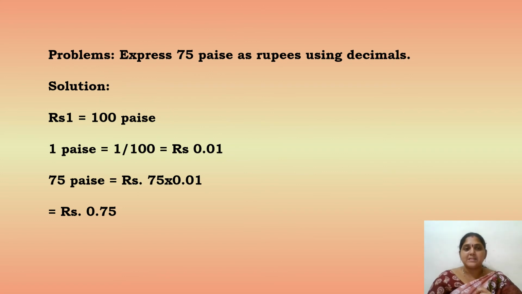Now we'll see some examples here. Express 75 paise as rupees using decimals. Solution. 1 rupee is equal to 100 paise, right? 1 paisa is equal to 1 by 100, that is equal to 0.01. Now we have the value of 1 paisa. Now we have to find the value of 75 paise.